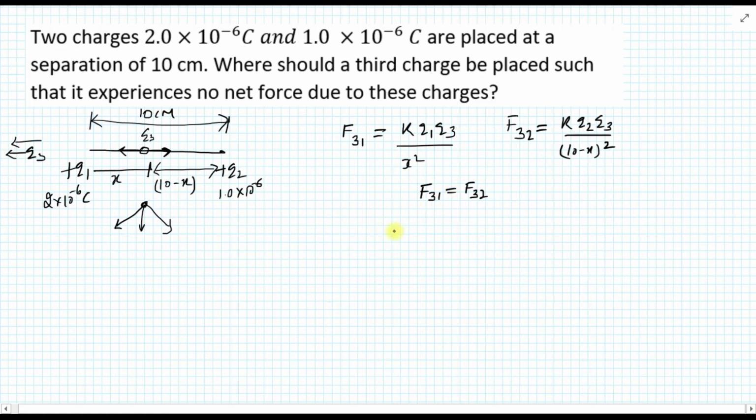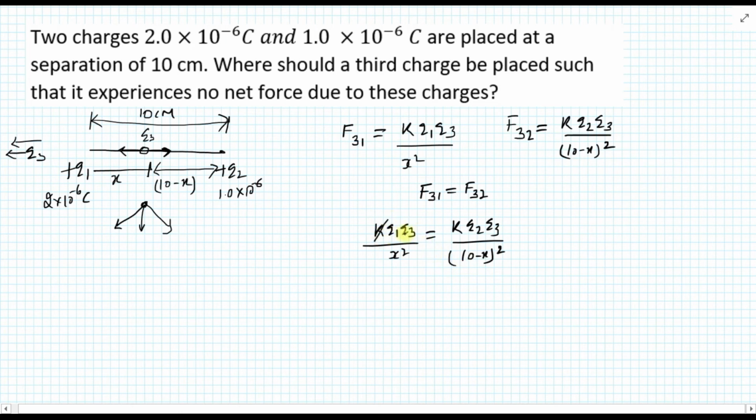So now F31, K q1 q3 upon x square, is equal to K q2 q3 upon (10 minus x) square, right?